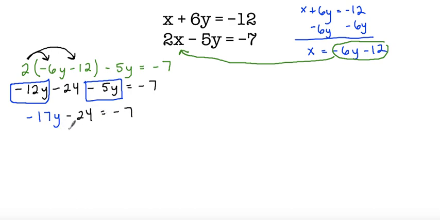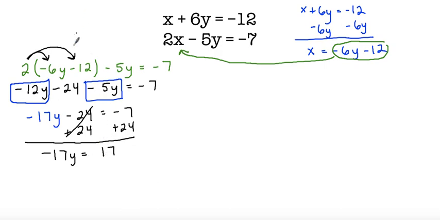So now we're going to add both sides by 24. And we're left with negative 17y is equal to negative 7 plus 24, which is 17. And now we're going to divide both sides by negative 17 to get y by itself. So y is equal to negative 1.